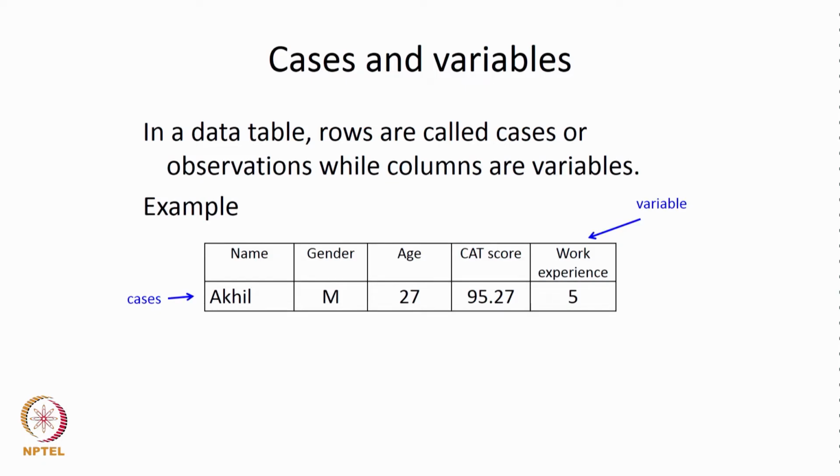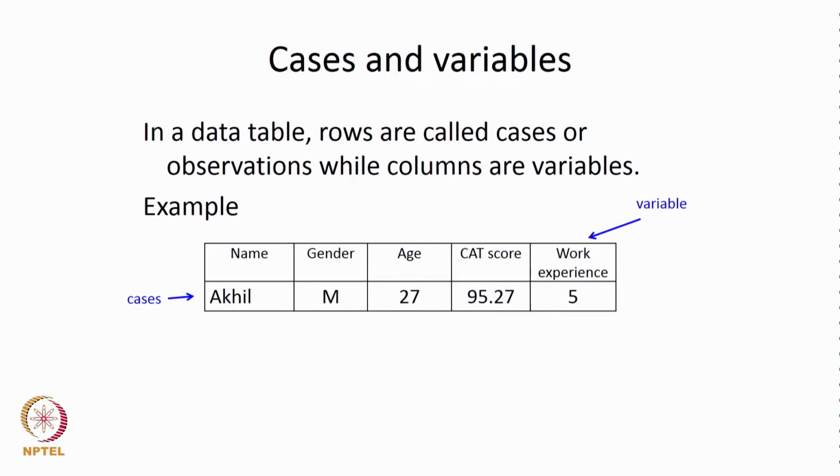So, what we saw in the last lecture is that when we create data tables, we have rows and columns. The columns are called variables. We saw the same example in the last lecture. So, variable names such as name, gender, age, CAT score or score in a competitive exam, and work experience could act as variables, while cases or observations are specific to individuals, for example in this table.